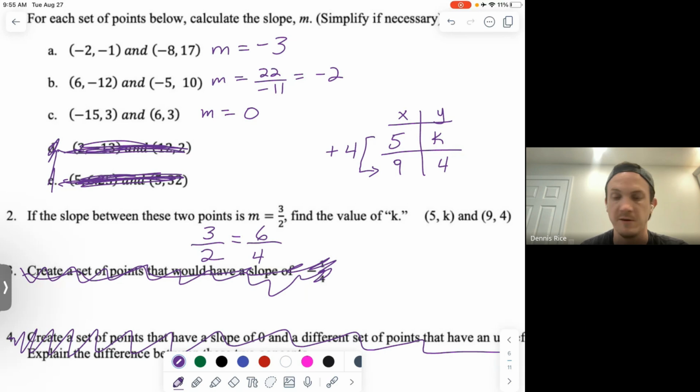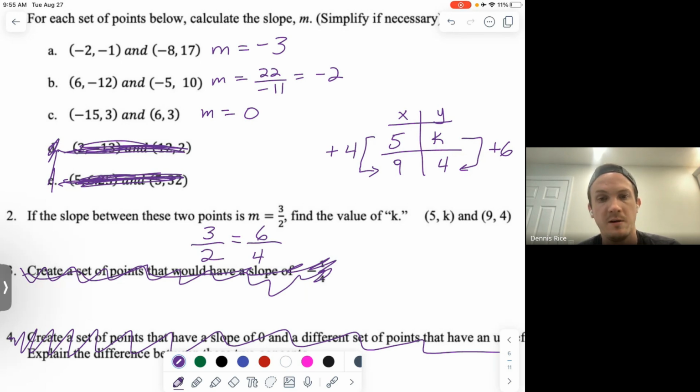3/2 is the same as 6/4, which means I know that the change here is +6. Again, why am I saying 6/4 if you told me the slope is 3/2? They're equivalent. It's just that the change in x was +4, so I had to make it an equivalent fraction. I know it's +6 even though I can't calculate it.